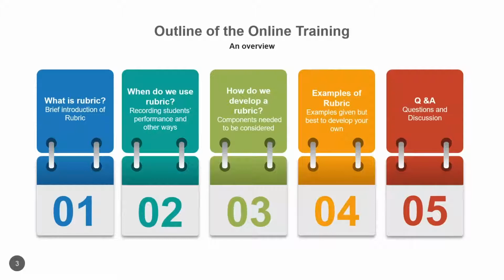Then, in the second part, we will look at why and when we use a rubric. Basically, it is recording students' performance. There are many other ways of recording students' performance other than a rubric, which I will touch on very superficially, just to give you a quick understanding of other tools that we can use.